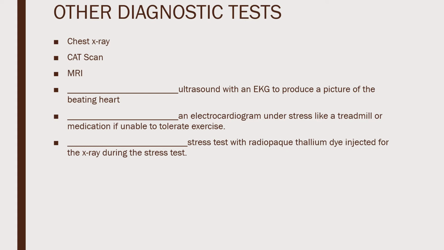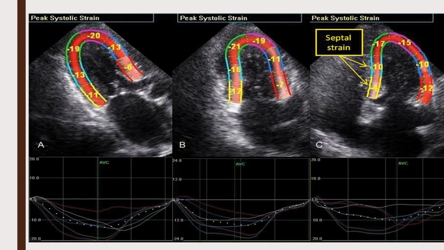Lastly, we have the Persantine stress test. This is a test used with dye to be injected for an X-ray during a stress test. Here is a picture of what an echo could look like.